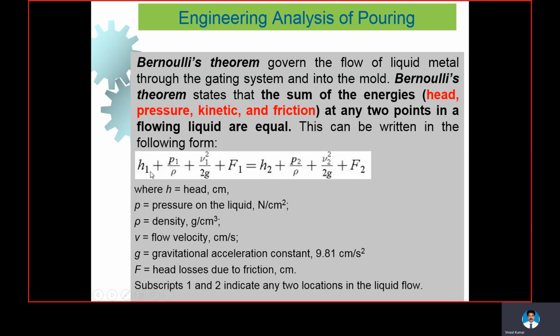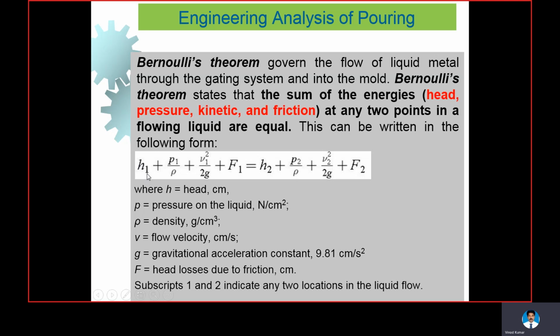So H1, the height, plus P1 over rho, pressure head, plus V1 squared over 2g, kinetic energy, plus friction at level 1, equals H2 plus P2 over rho plus V2 squared over 2g plus F2. So if you look at it, in a pouring, in a downsprue, normally the top level is considered as level 1 and the bottom level is considered as level 2.